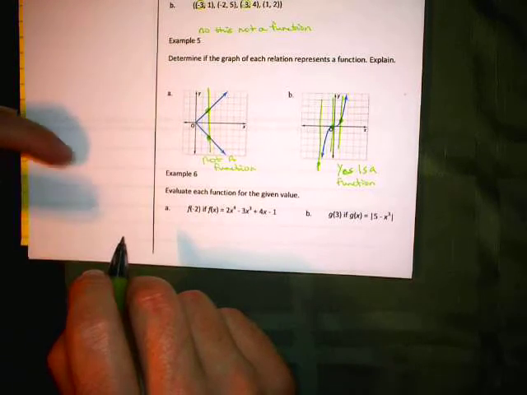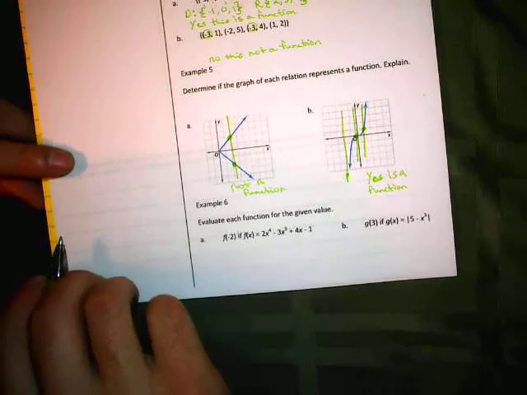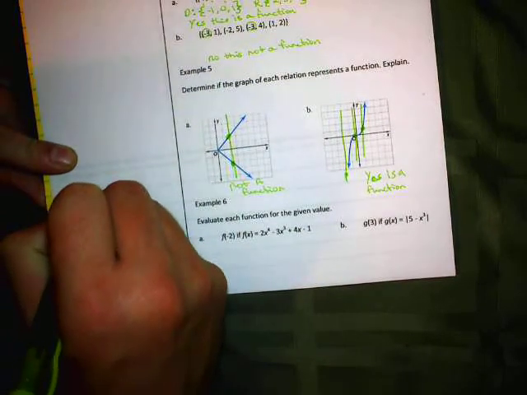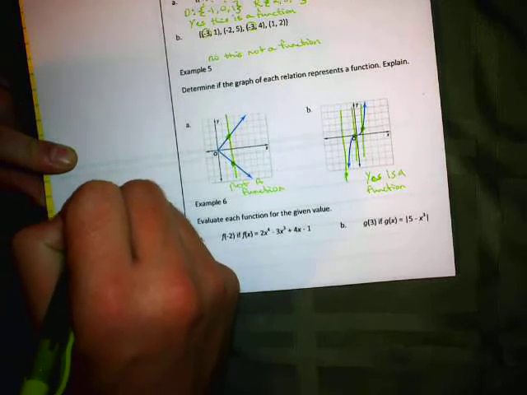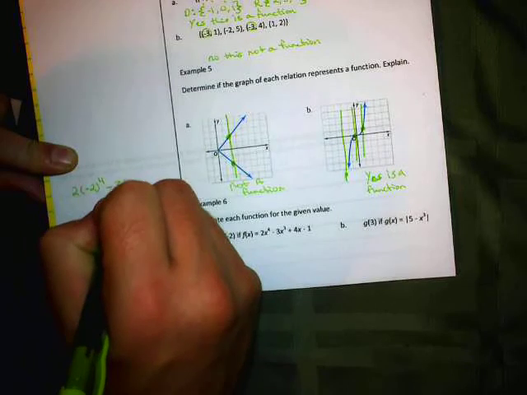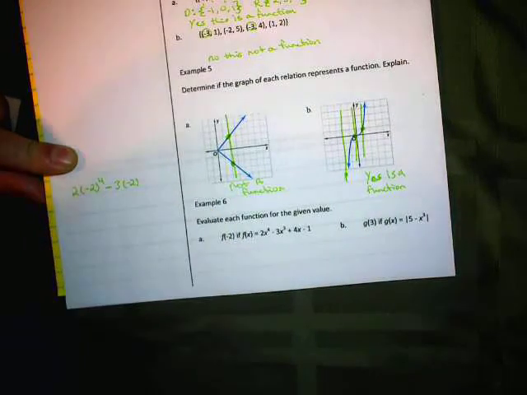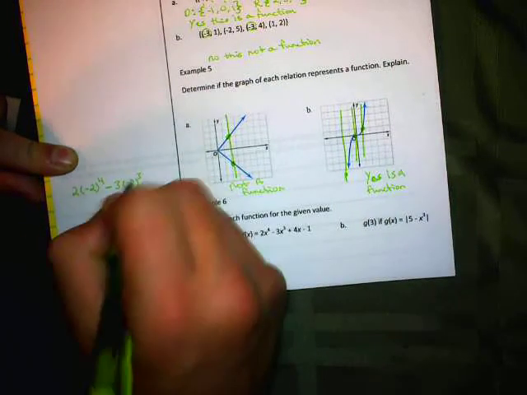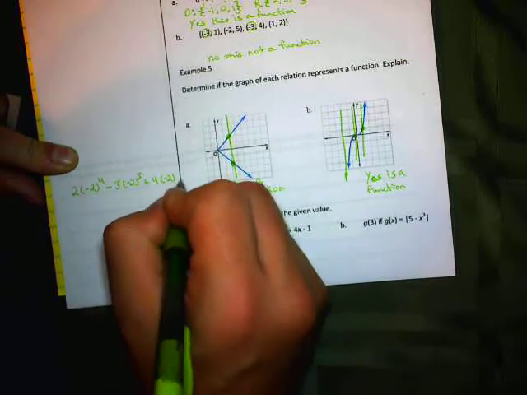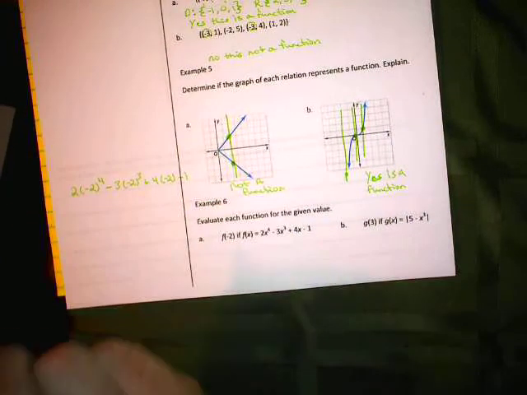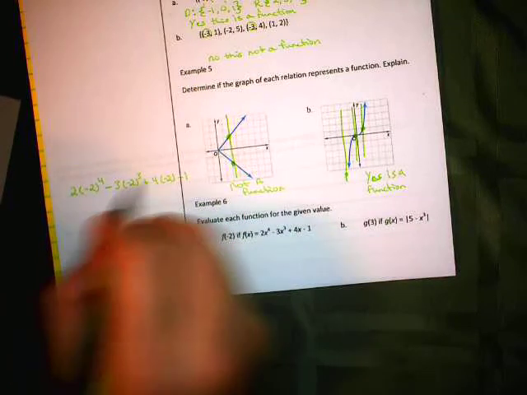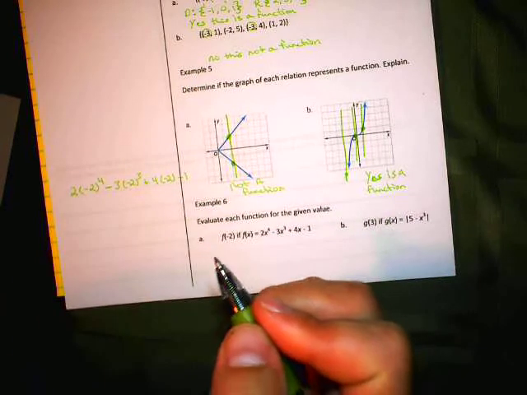I'm going to come over here where I've got my extra space to work that one out. So 2 times negative 2 to the 4th minus 3 times negative 2 to the 3rd plus 4 times negative 2 minus 1. First thing I need to do is simplify each individual term, PEMDAS basically.